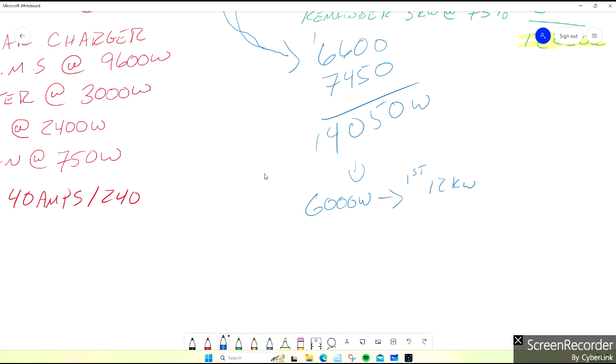So now we're going to go 2,050 times 0.4. We're going to include 820 watts. If you take the 6,000 plus the 820, for the range we're going to include in our calculation 6,820 watts.